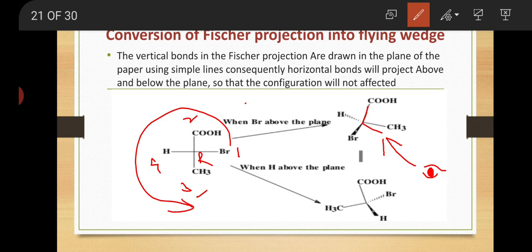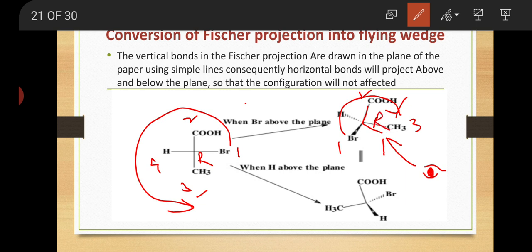Giving priority according to Cahn-Ingold-Prelog rule, bromine is 1, COOH is 2, and CH3 is 3. 1, 2, 3 is clockwise direction, and the fourth priority group is below the plane, so it is R configuration.